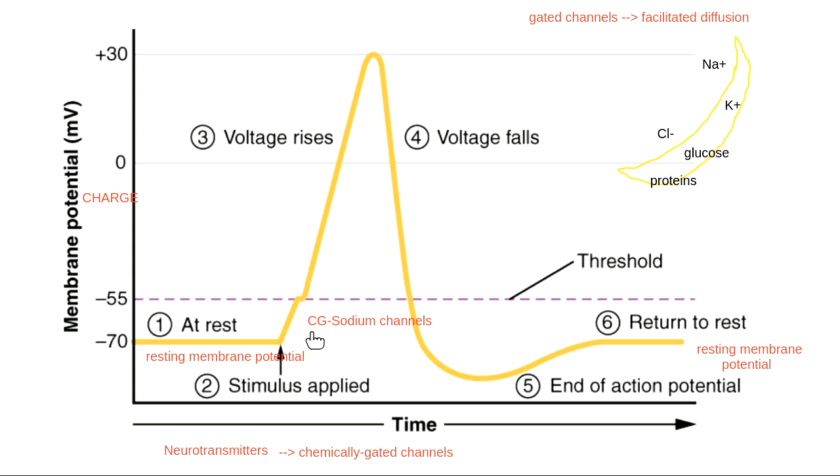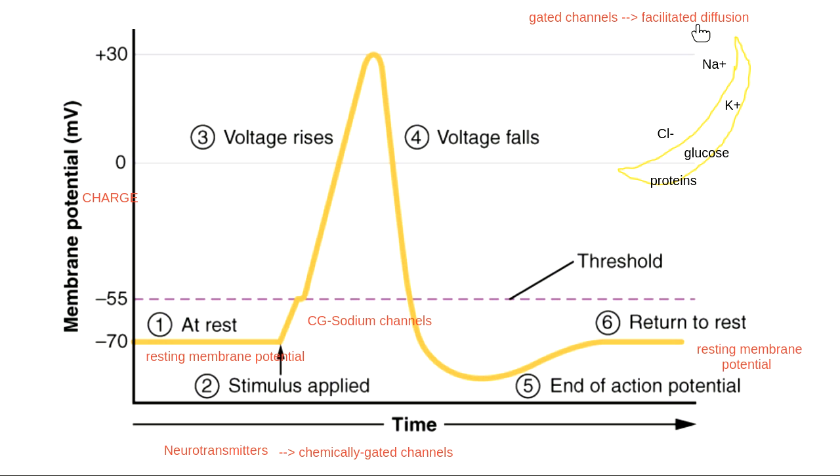Chemically gated sodium channels. When I attach a neurotransmitter to them, I open up these channels, and they're going to move sodium using facilitated diffusion. So they're moving it from where there's a high concentration to where there's a low concentration.